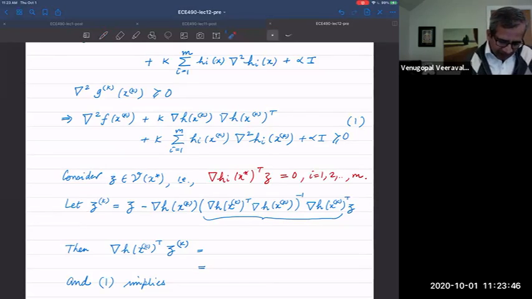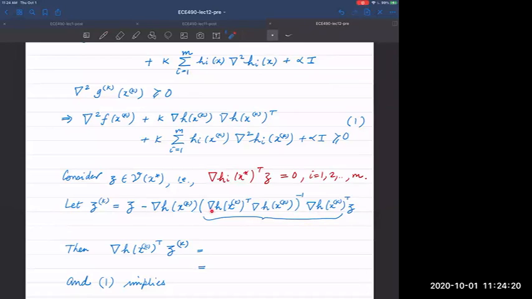So z_k is defined by taking z and subtracting out this term here. It looks like a strange term, but I constructed it in a specific way so that if I take the gradient of h at x_k and take the dot product with z_k, I'll get 0. Why is that? Anyone recognize this matrix?